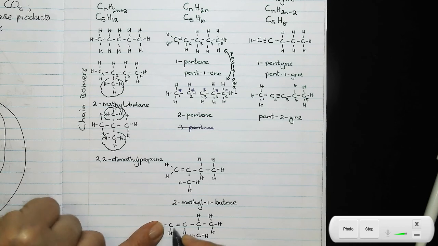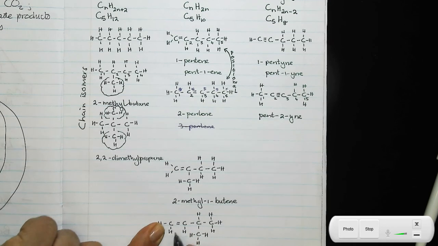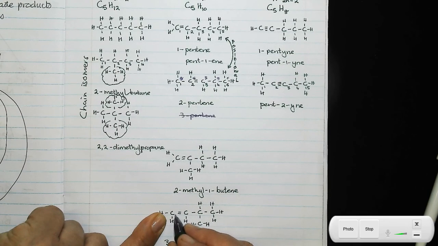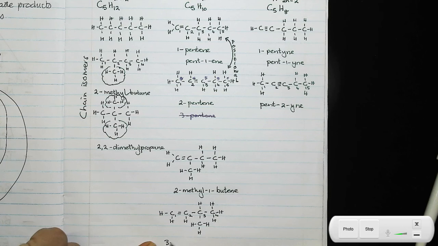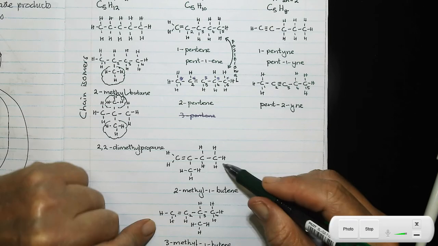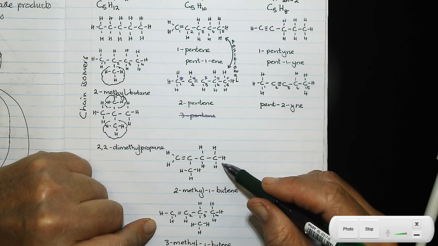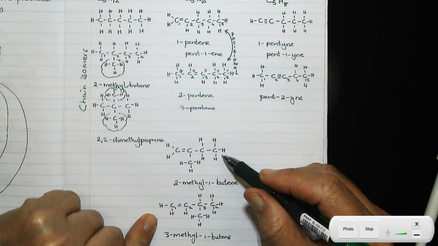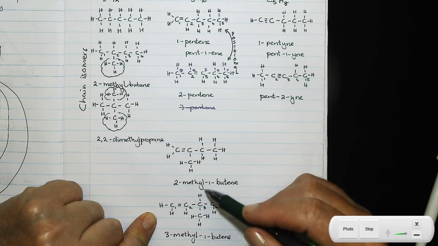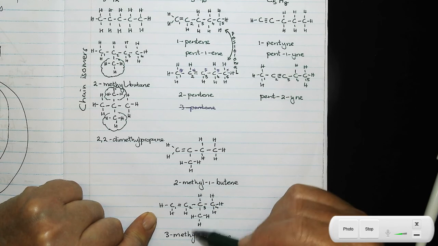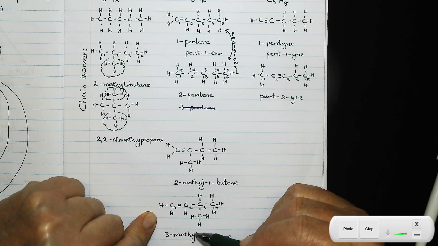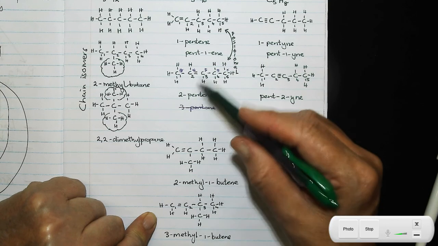You count the longest chain so that the double bond would be on the lowest numbered carbon. So this is 3-methyl-1-butene. So this molecule is a positional isomer of that molecule. The 3-methyl-1-butene is a positional isomer of the 2-methyl-1-butene, and it's a chain isomer of 1-pentene.